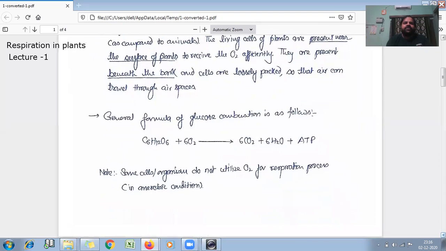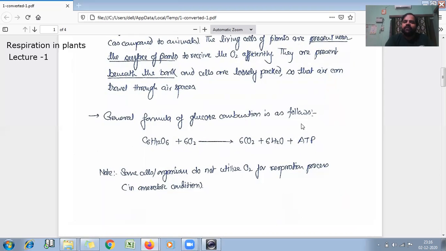Now we can see the general formula of glucose combustion. We can see here that glucose has been oxidized and broken into carbon dioxide and water, and ATP has been produced, and this ATP is known as the energy coin.